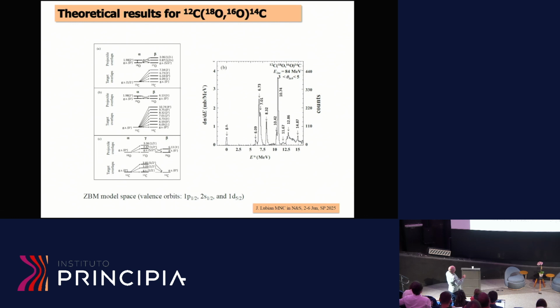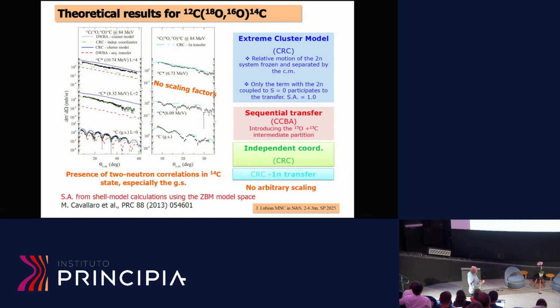Here is the coupling scheme used in the calculation, so I will not show the details. The important thing is that we are going to do three calculations all the time here. The first one we call the string cluster model. In this case, you disregard completely the structure of the neutron cluster, and you consider that they have spin 0, so they are anti-parallel, and put the spectroscopic amplitude equal to 1.